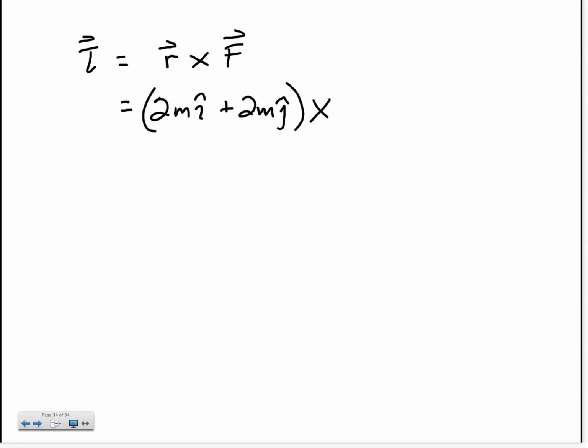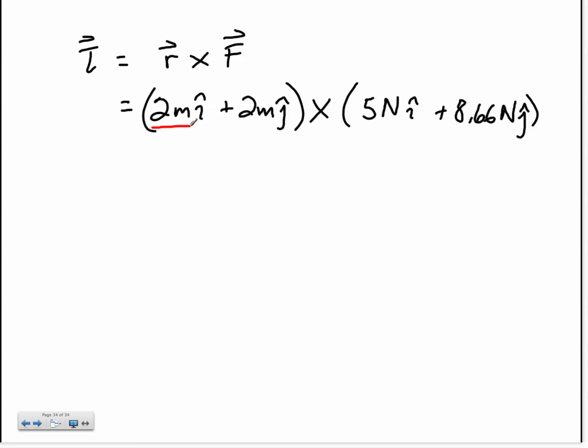So now if we're going to find the torque, it's going to be R cross F: 2 meters I hat plus 2 meters J hat, crossed with 5 newtons I hat plus 8.66 newtons J hat.